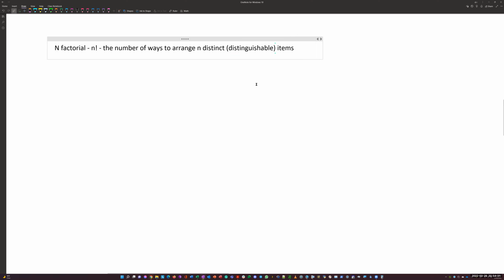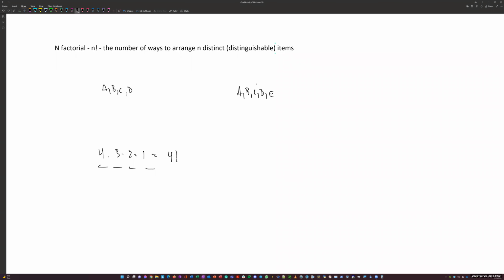All right? Like if I have 4 items, A, B, C, and D, the number of ways to arrange it is 4 times 3 times 2 times 1. So they call this 4 factorial. Does that make sense? If you have 6 things, then it's 6 times 5 times 4 times 3 times 2 times 1.